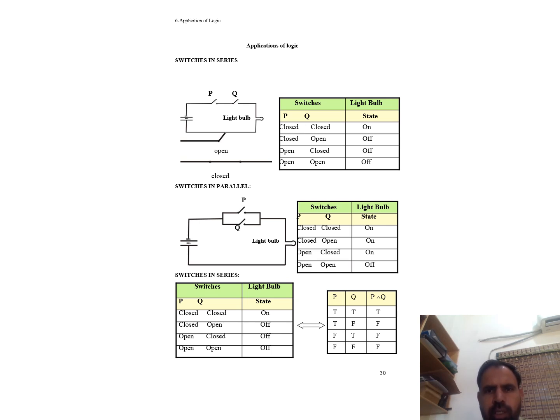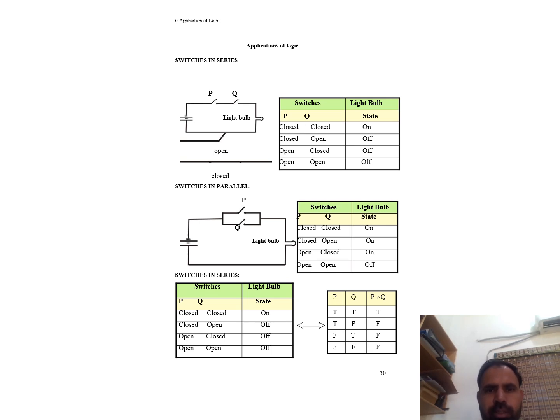If P closed, Q open, then the light bulb is off. If P open, Q closed, then the light bulb is off. And if both are open, then the light bulb status is off.